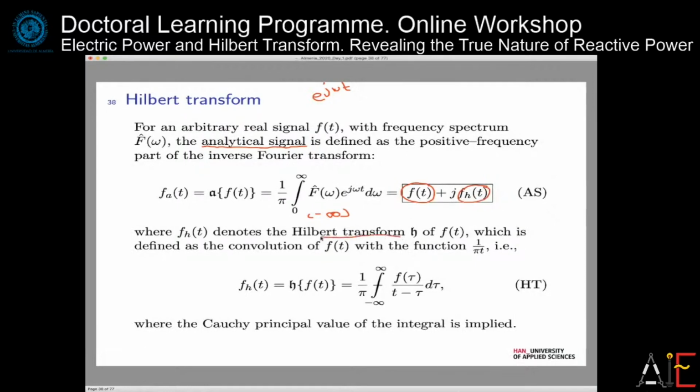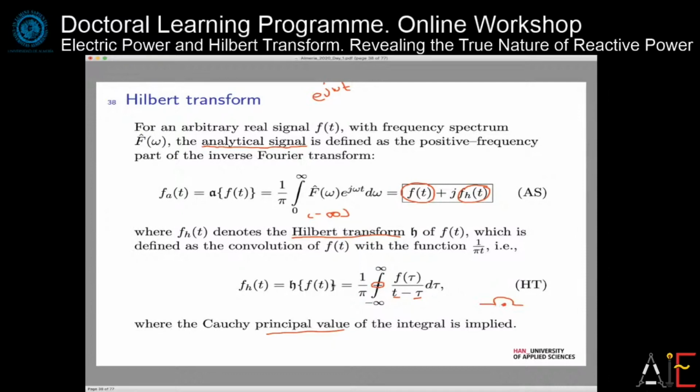But we also get this extra imaginary term, which appears to be the Hilbert transform. This Hilbert transform can also be defined directly in the time domain, and that's given over here by this Cauchy integral, where you see this bar, which refers to the principal value of this integral, because at the point where t coincides with tau there is a singularity. Taking the principal value into account, you just hop over the singularity, and everything will be fine.